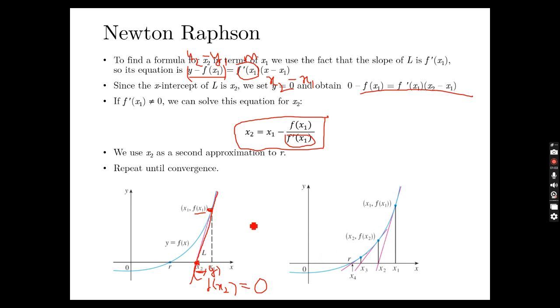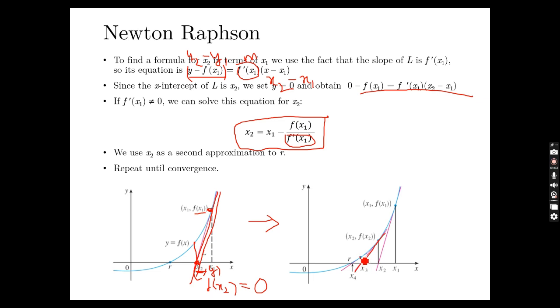So we can see a graphical representation over here, right? We draw this tangent. It intersects at some point. Corresponding to that x value, we calculate the f(x) value. So we get this second point, (x2, f(x2)). Then we draw a tangent and get another x3 point.